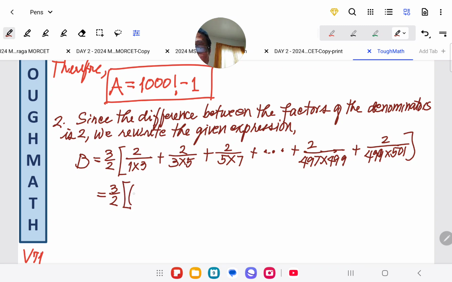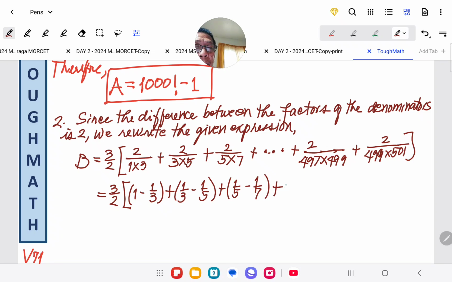This is now 1 minus 1/3 plus 1/3 minus 1/5 plus 1/5 minus 1 over 7, and so on, plus 1 over 497 minus 1 over 499 plus 1 over 499 minus 1 over 501.